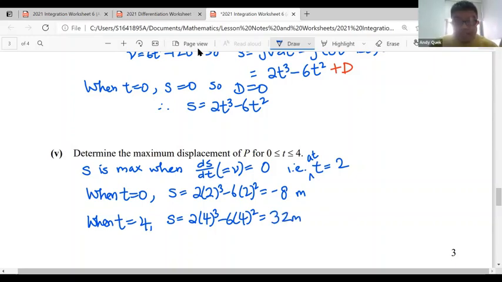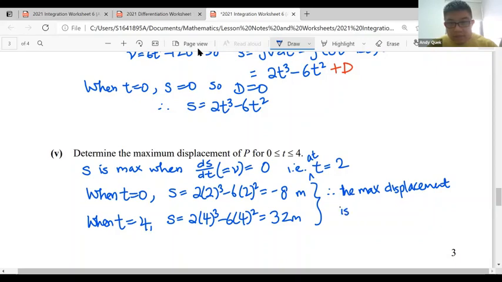So although you have a turning point here, we are going to say therefore the maximum displacement is at 32 meters from O in the positive direction.